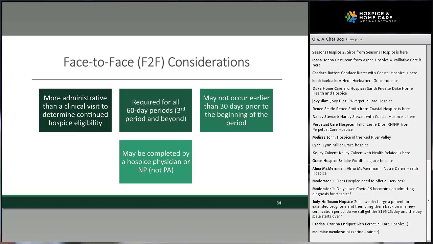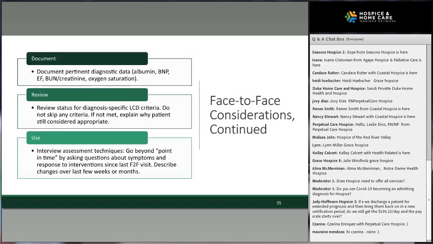There are specific time frames that you need to look at here. Also, the face-to-face needs to be completed either by a hospice physician or a nurse practitioner, but PAs are not allowed at this time to do the face-to-face. You want to make sure that the documentation has pertinent diagnostic data, anything that might support the course of the disease, following its path, what we're expecting.